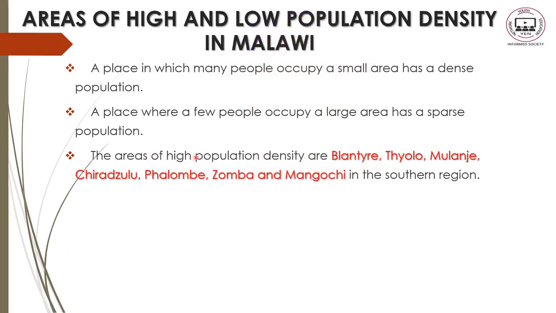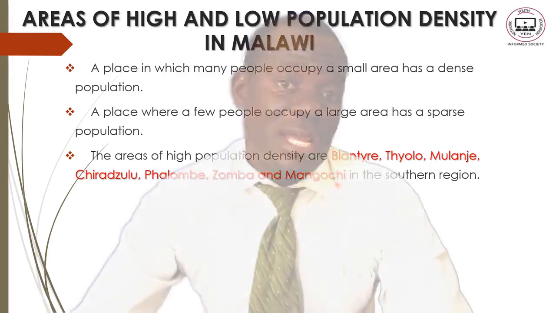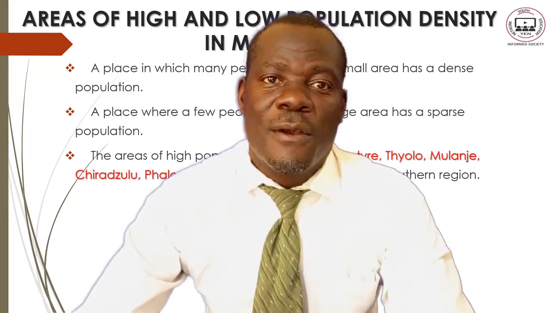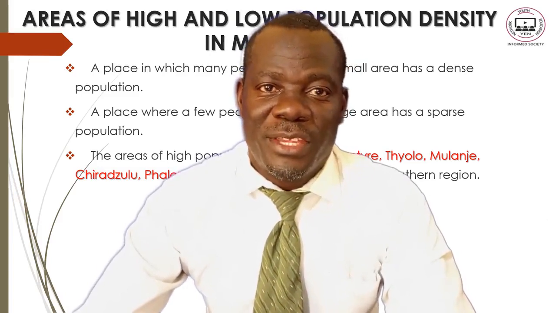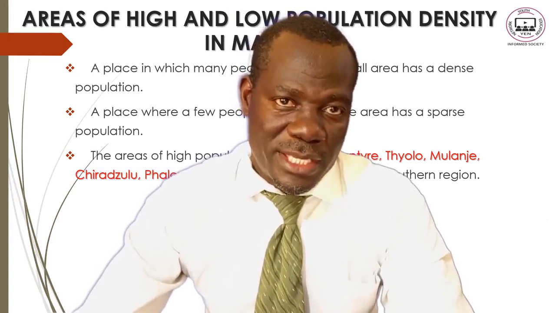The areas of high population density in Malawi are Blantyre, Thyolo, Mulanje, Chiradzulu, Phalombe, Zomba, and Mangochi in the southern region. Those are the places where you have many people living in a small area.